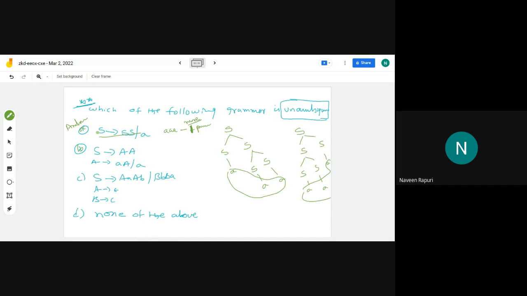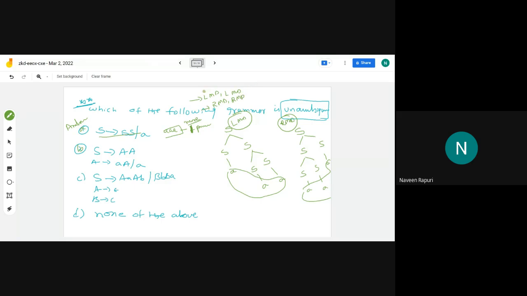First I take AAA as a string and draw the parse tree. For LMD, I get this one, and for RMD, I get this one. Sir, which do we need to consider? You can write any two LMDs or two RMDs.